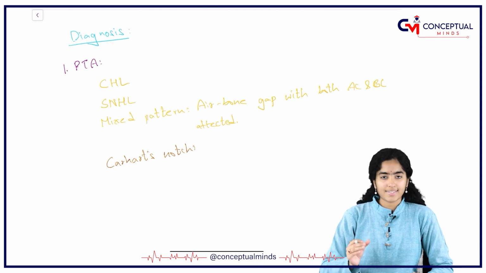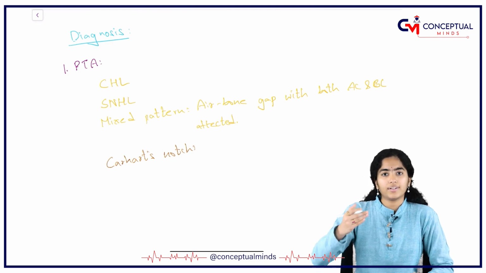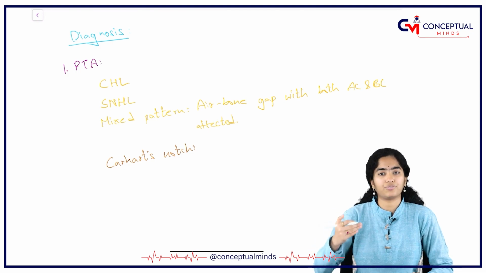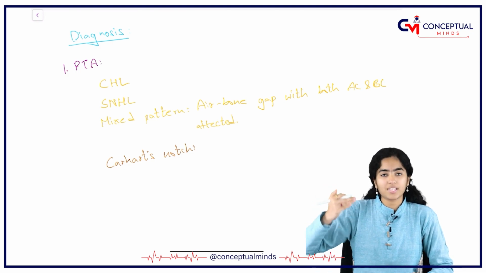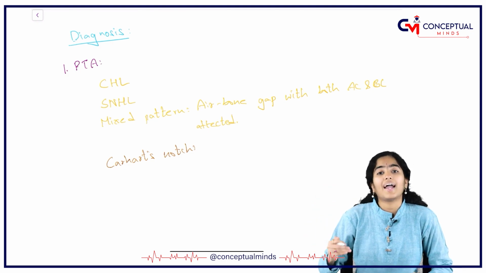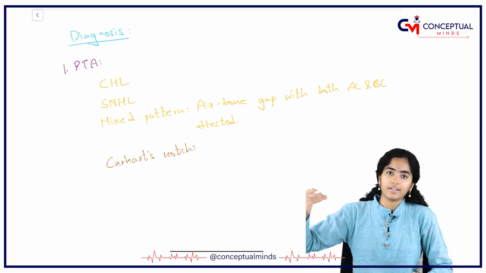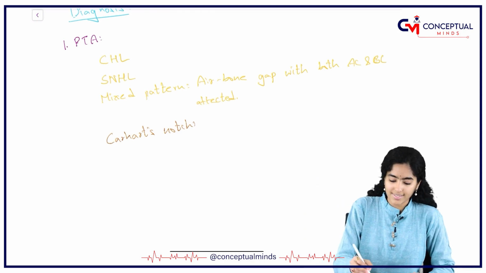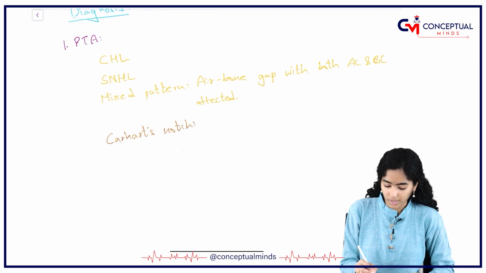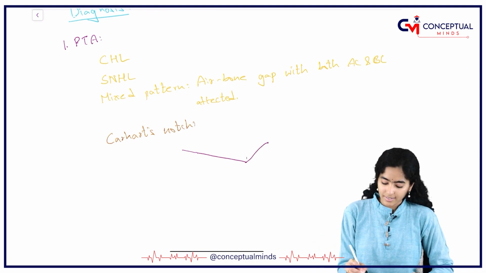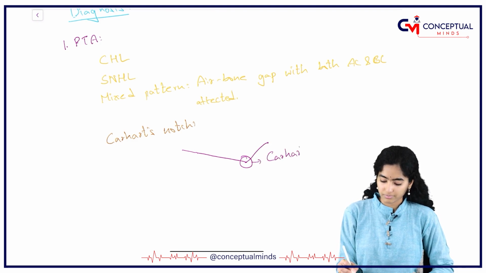At 250 Hz, there is some hearing loss. At 500, it further increases. At 1000, it further increases. And it is maximum at 2000 Hz. And then at 4000 Hz, again, the hearing improves. So, this is how the graph would look approximately. And this dip is called Carhart's notch.